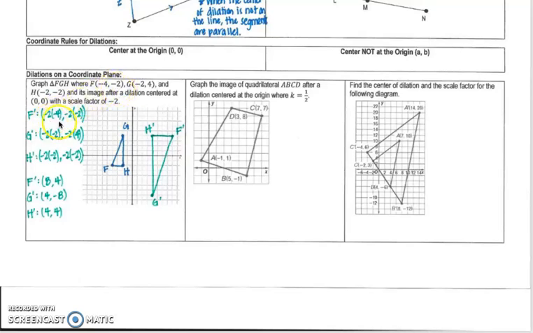So that's what this is, -2 times -4 and -2 times -2. Same thing for g prime and h prime, I just multiply. And then I simplify those, and I got the points f prime is 8, 4, g prime is 4, -8, and h prime is 4, 4. Again, if you notice, this is a reflection or a rotation of 180 degrees, if that's how you choose to look at that.